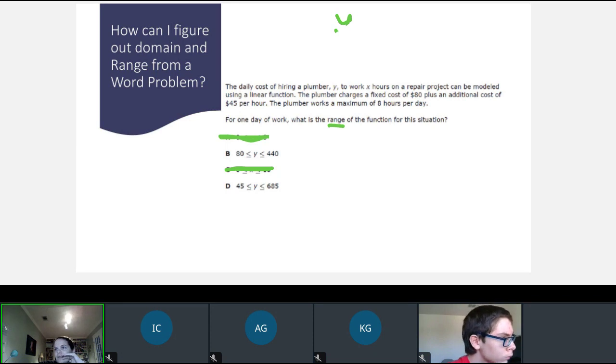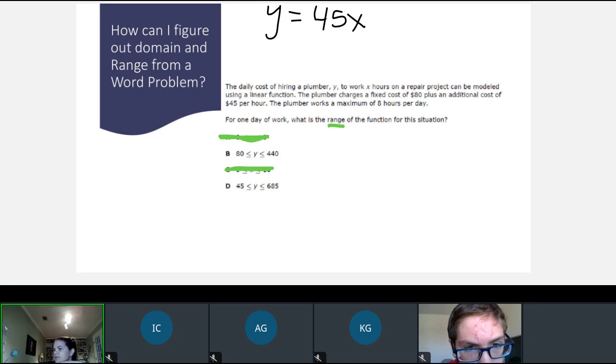And if we go back and read our problem, it said the daily cost of hiring a plumber, Y. So it's going to be Y equals, it's going to be $45 per hour. So 45 times X plus the $80 just to come out. Okay.